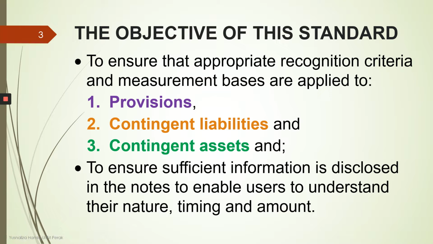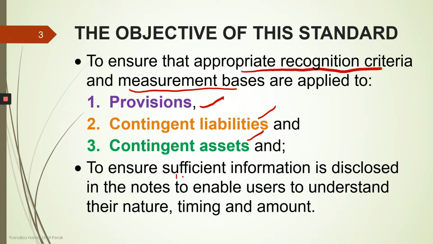This is the objective of MFRS 137, which is to ensure appropriate recognition criteria are being used, as well as the measurement basis being applied to accounting for provision, contingent liabilities, contingent assets.